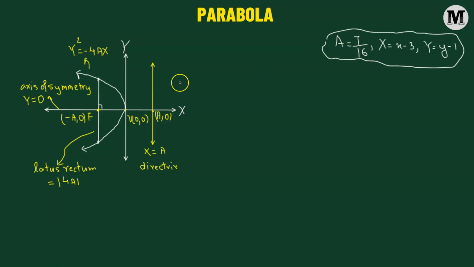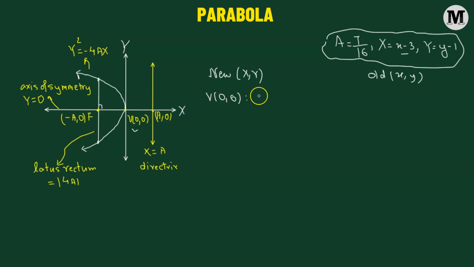Now we have represented our parabola in terms of the new coordinate system, X, Y. We will take the help of the substitution, replacing X with x minus 3 and Y with y minus 1, to go back to the old coordinate system. In the new coordinate system, we have defined the vertex to be at (0, 0).